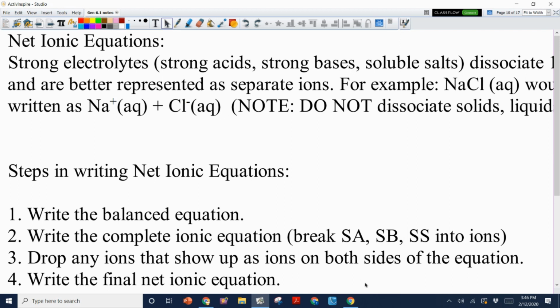And if these ions are present in both the right and the left side of the reaction, then they're going to be canceled out and therefore would not be part of the net equation. That's why it's called net ionic equations.